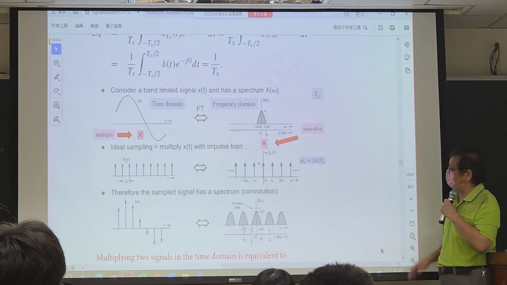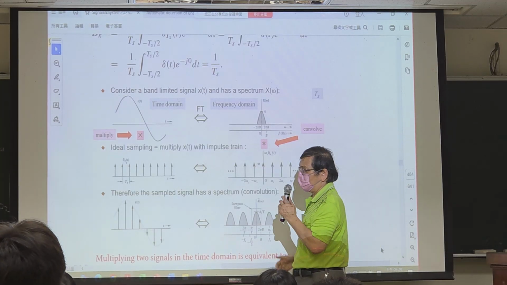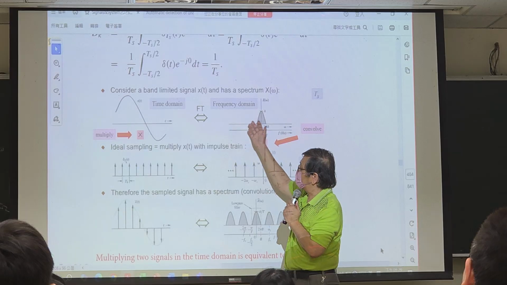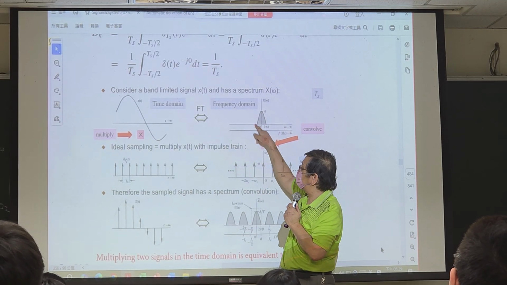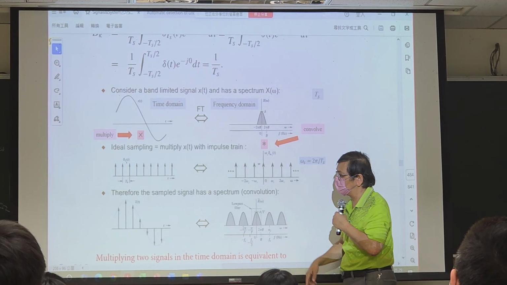So one more time, this is very significant. I'm not sure if we figured this out at the very beginning. Originally, suppose this is the frequency response of the signal. It's only one spike, one hump.